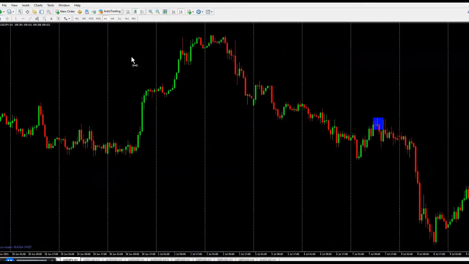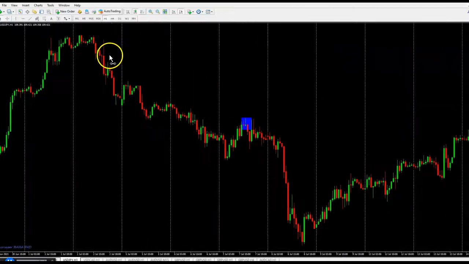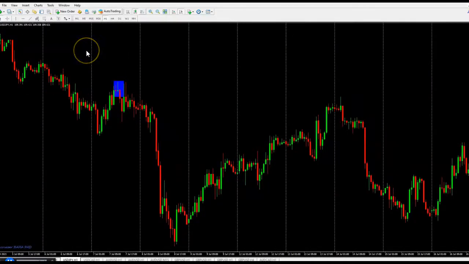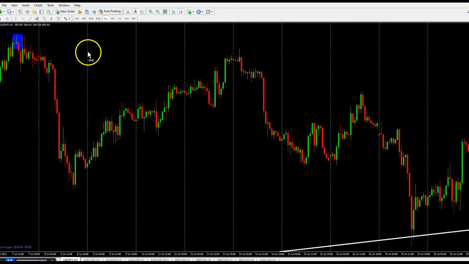So again, not only those, you will see at certain zones or levels, like say, for example, when you come to the demand zones, you'll be looking for this kind of pattern, like this engulfing pattern. You see this bullish is green or blue, and it is completely engulfing the bear right there.